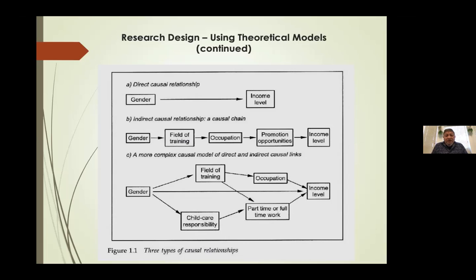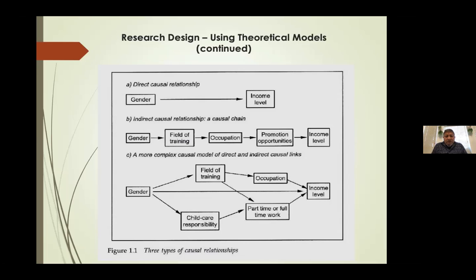So at the same time, it's not as simple as gender and income, but there are other variables that you think are mediators and that are also having an effect on the causal relation, or at least in your model, on your way of thinking. Now, if you look at the third option, C, it is a more complex model, right?